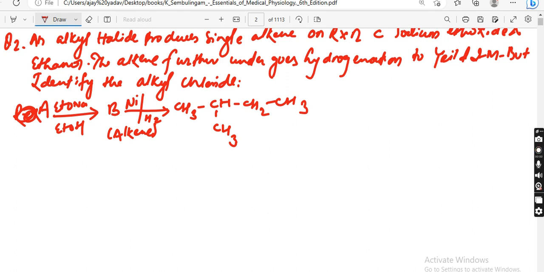So this is the only one product that is formed, right? Can you think where the double bond should be? If there was a double bond in the middle, then there would have been 2 different products.